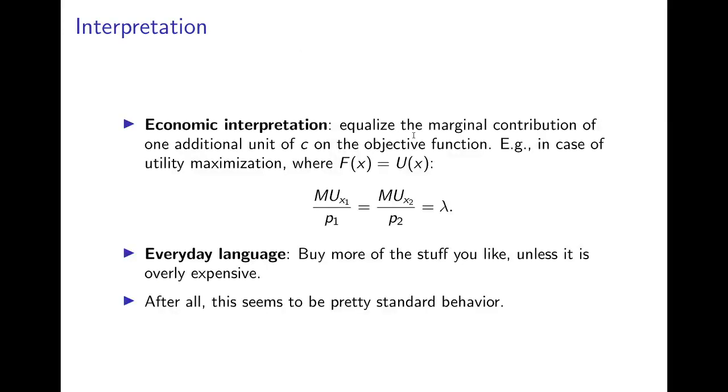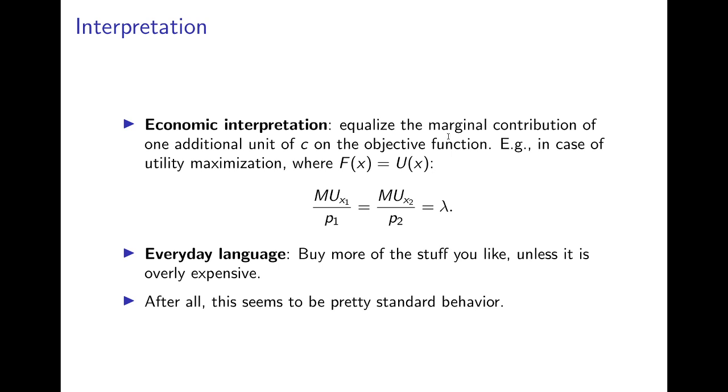Now, the economic interpretation is that at the optimal choice, an individual would equalize the marginal contribution of an additional unit of C, so of a marginal relaxation of the constraint, on the objective function.